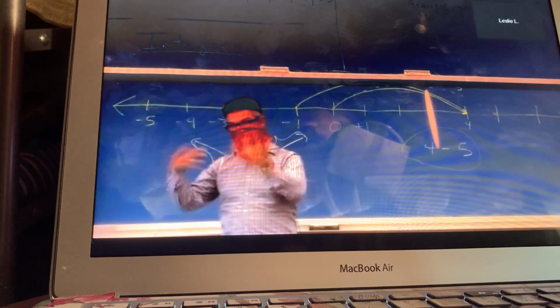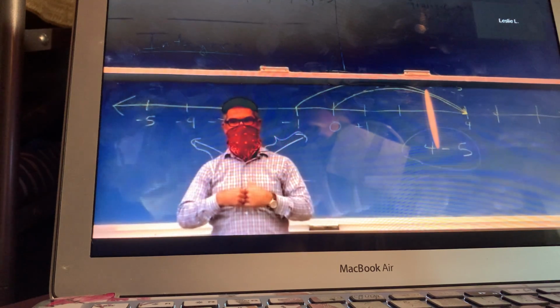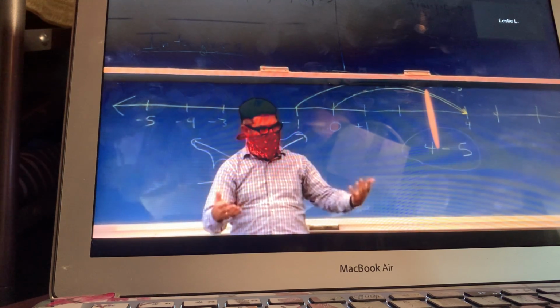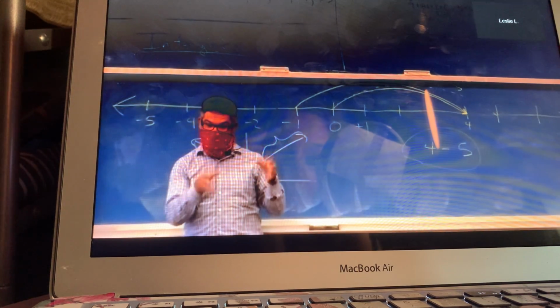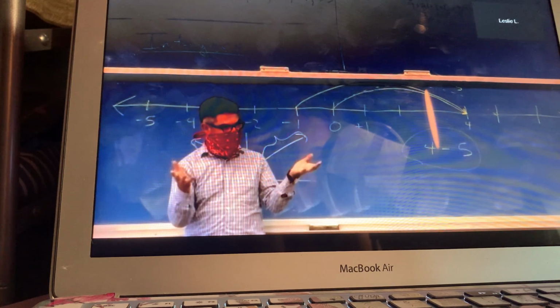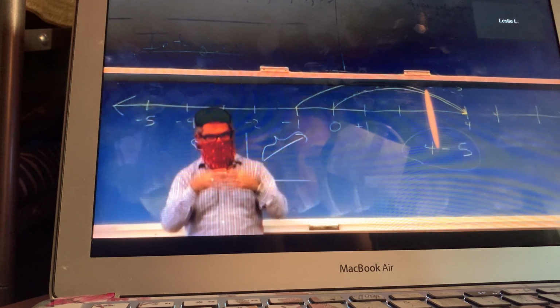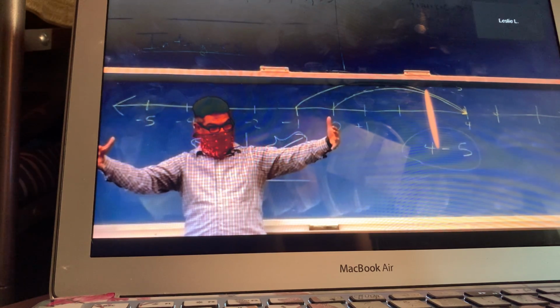So again, it's this natural progression. How do we get these extra things? Well, I want to be able to do these operations all the time. That seems reasonable to me. But right now, with just the whole numbers, sometimes when I do these operations, it doesn't give me an answer. Does that make sense?